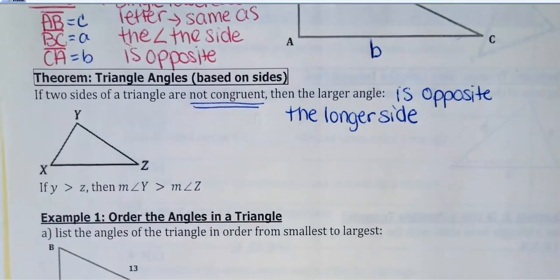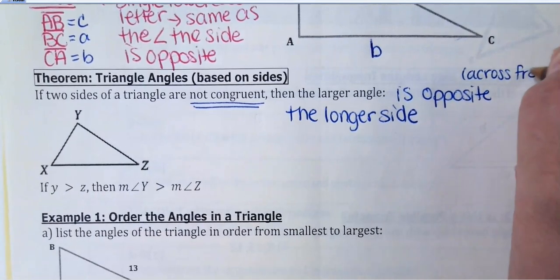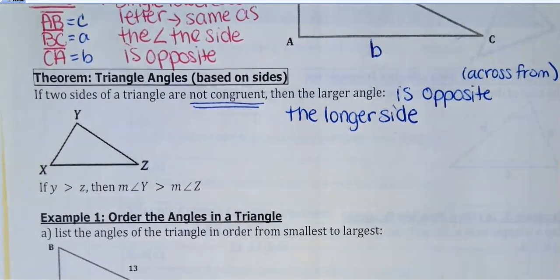Okay, so if you have two sides in a triangle that are congruent, the two angles across from them would be equal. So that's why it says not congruent. The larger angle is going to be opposite, or across from, the longer side. So whichever side is longer, the angle across from that is going to be a bigger angle.